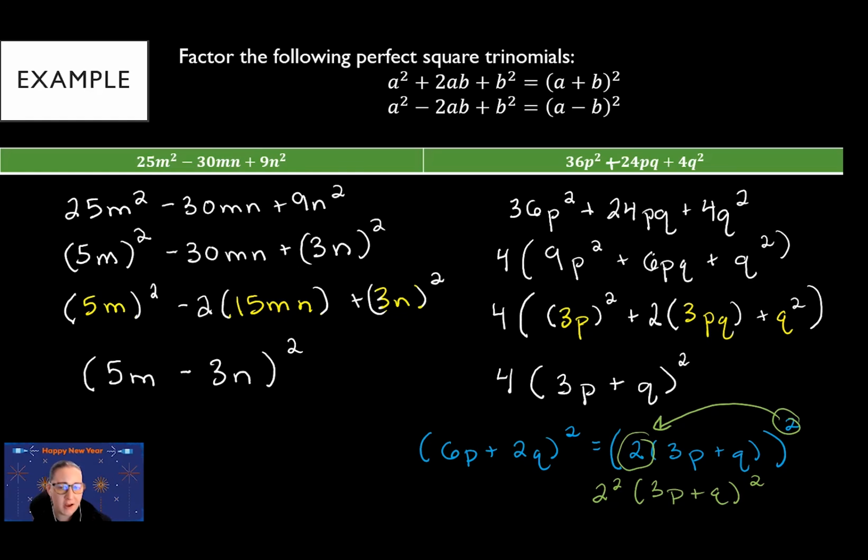Now, why we're even spending time on learning this shortcut, other than just saving yourself time, is when you go to college algebra, you learn something called completing the square. And that's where you create something like this. You're doing some math to make it in this form to make your factoring easier.